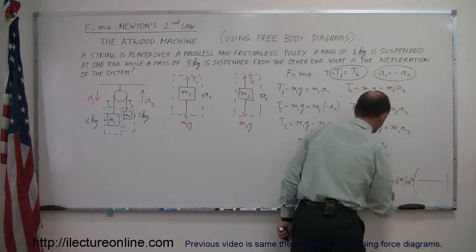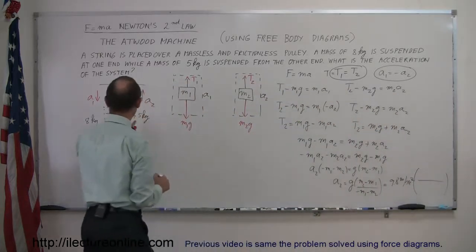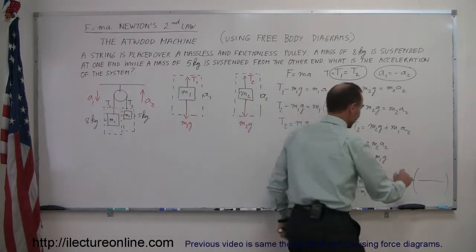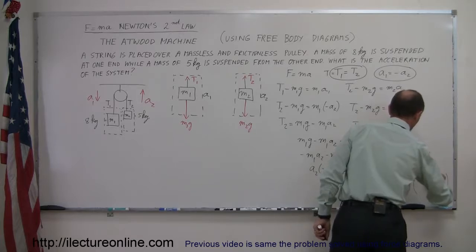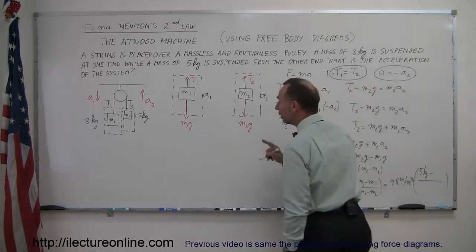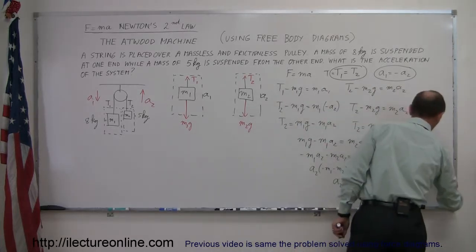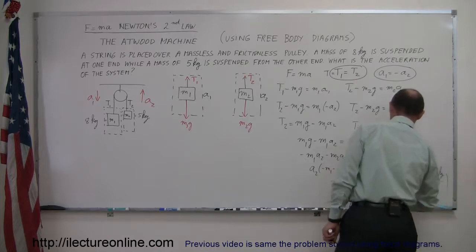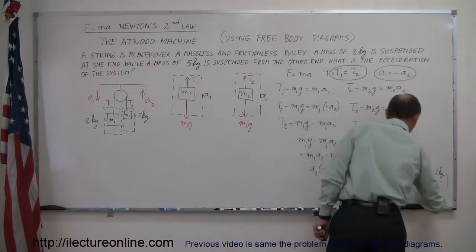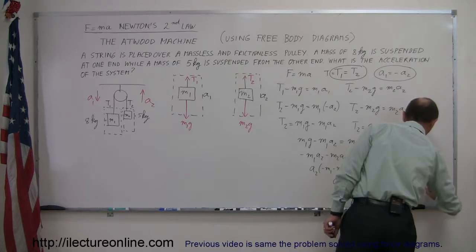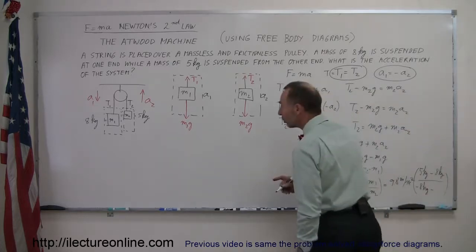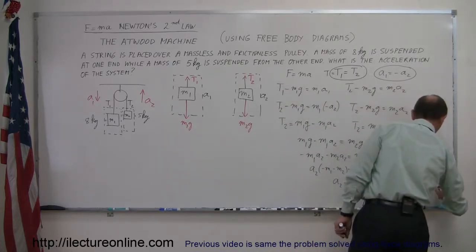times M2, and M2 was 5 kilograms, minus M1, M1 was 8 kilograms, minus M1, which is a minus 8 kilograms, minus M2, which is a minus 5 kilograms.